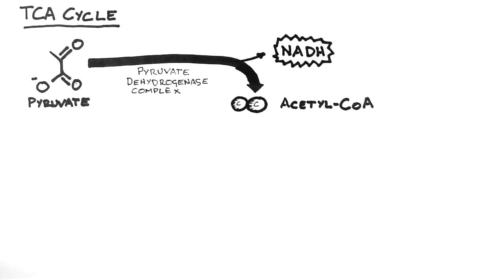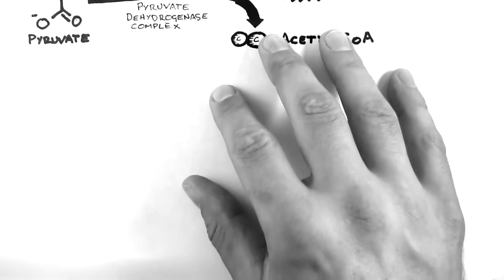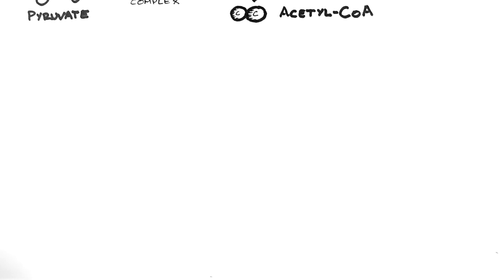Note that acetyl-CoA has one less carbon than pyruvate, which is a three-carbon molecule. The extra carbon is lost as carbon dioxide as a byproduct of the conversion to acetyl-CoA. So we'll look at the molecules involved first, and then we'll discuss the enzymes involved.